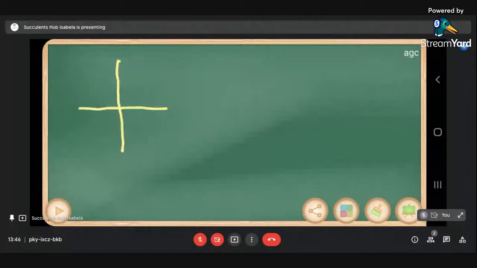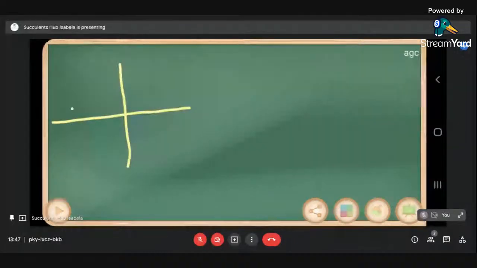Let's say this is point P sub 1, then there's another point, P sub 2. The coordinate of P sub 1 is x sub 1, y sub 1.